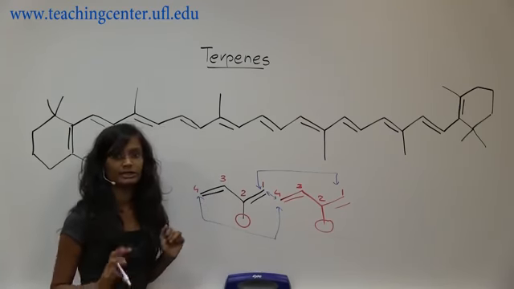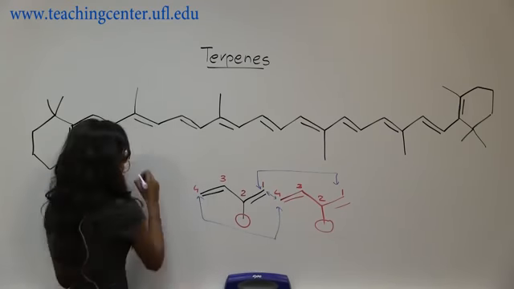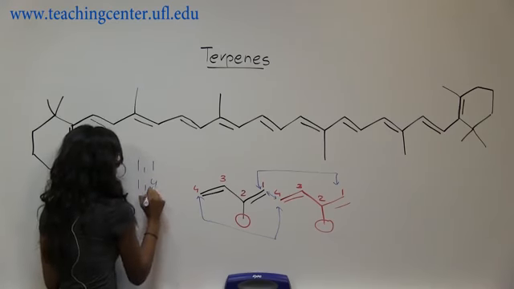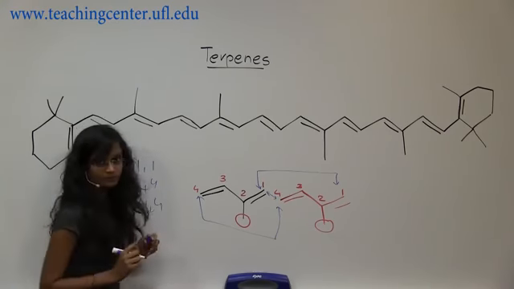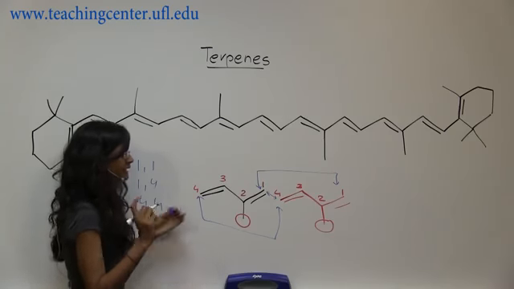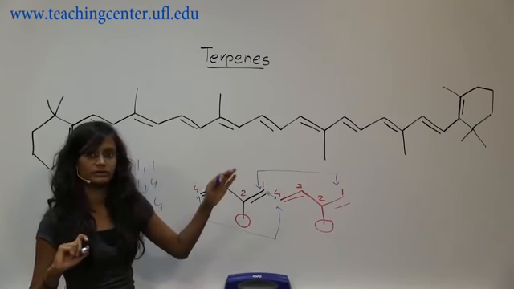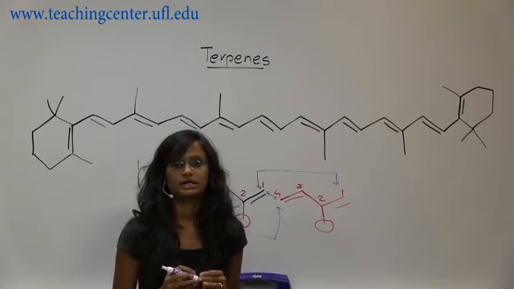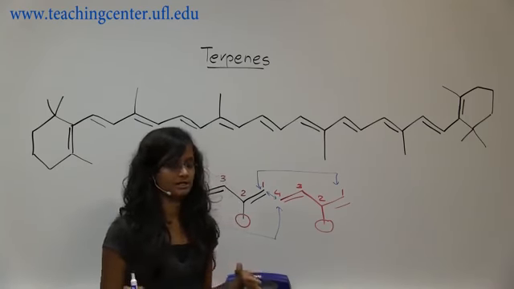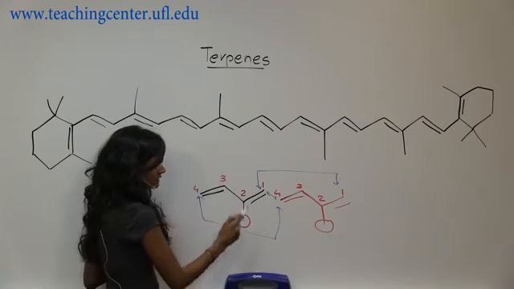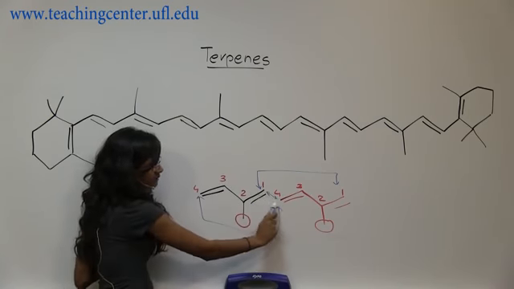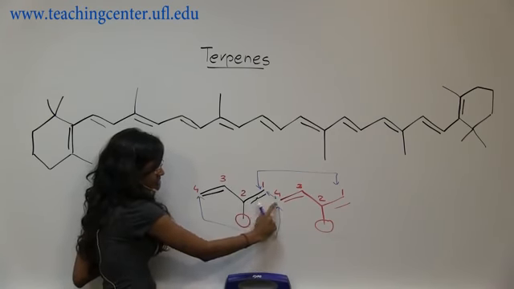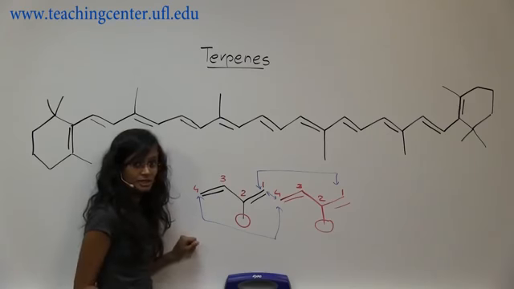So they can combine 3 different ways: 1, 1, 1, 4, and 4, 4. So you have to go back and forth, in both directions, to actually find out what kind of connection it is. But my point was that when they combine with each other, these pi bonds disappear.